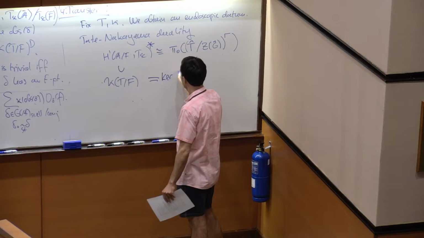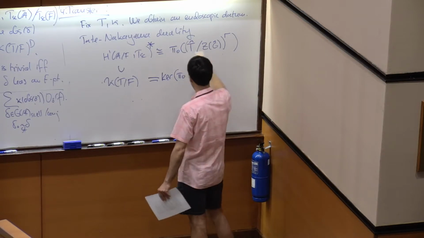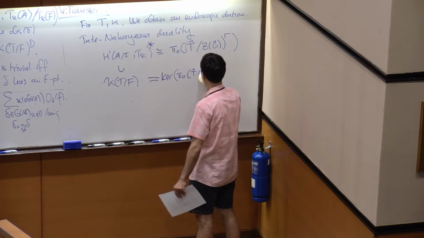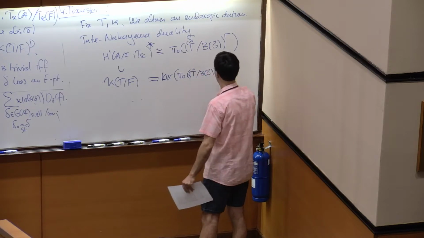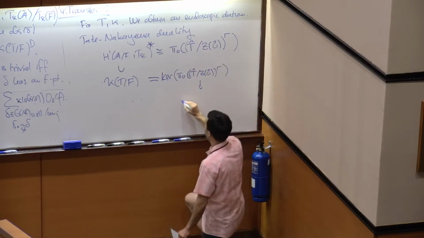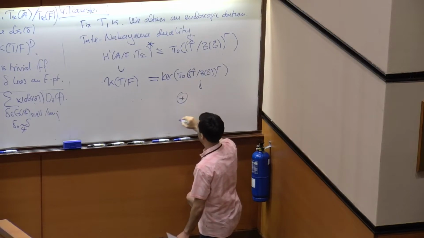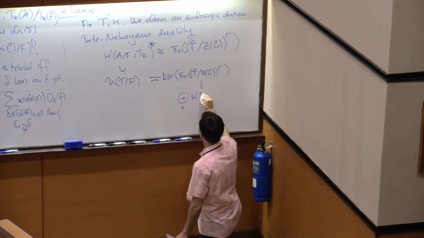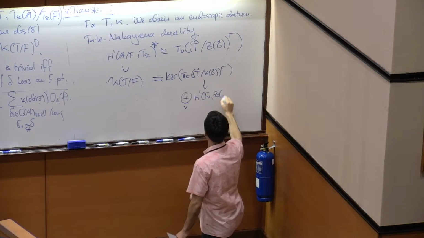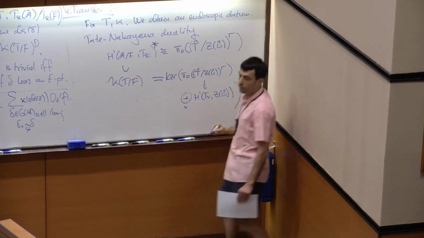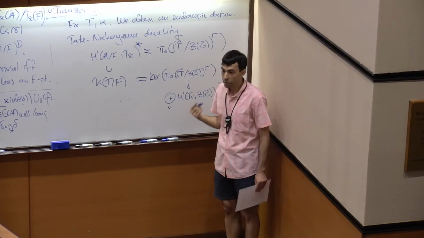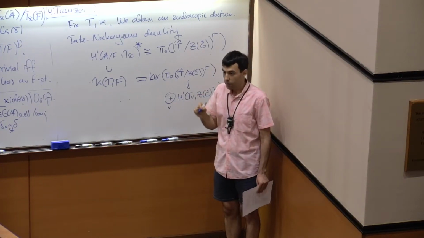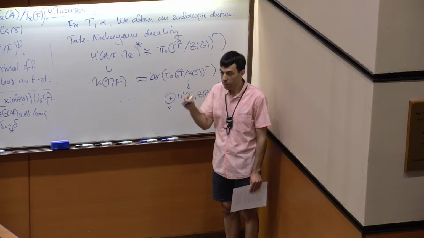It's the kernel of the map that starts from here and goes to the product of H1 Galois V ZG hat. Okay, this is it. And Bill, you had asked, are you going to motivate the property of the endoscopic element S in the global case?